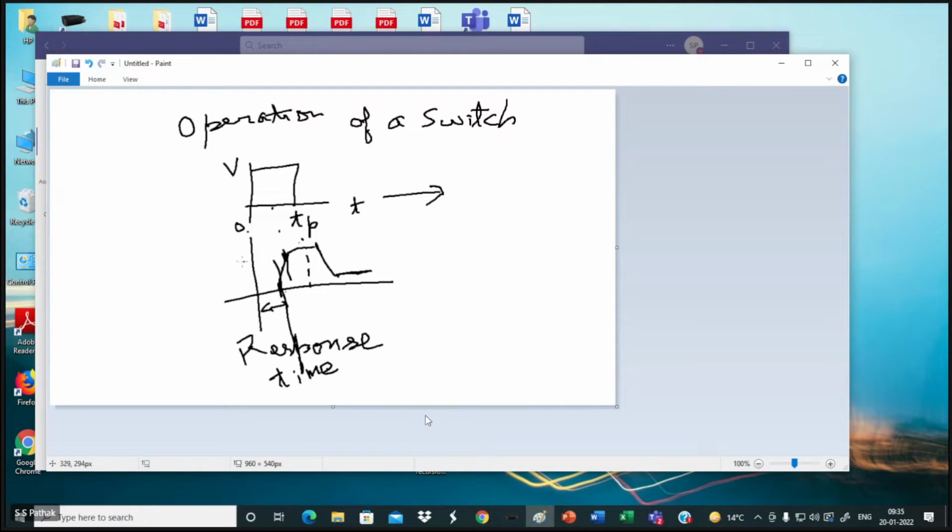This is your 90% of the peak, and this is your response time. Normally we take here as 10% of the peak.